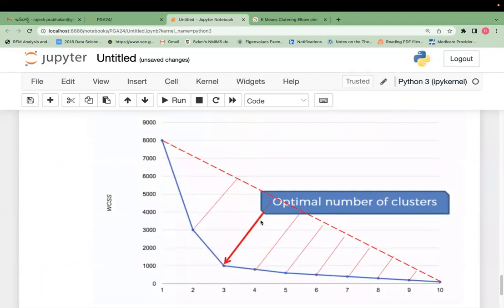See, this is the point where you get the optimal number of clusters, the elbow point or the bend.